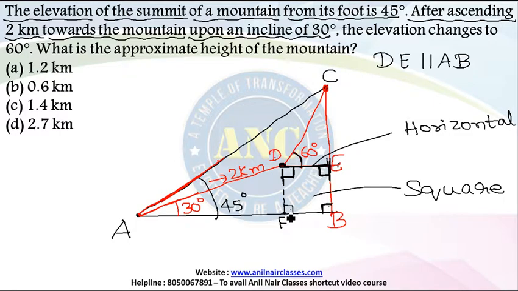Similarly, this is the level ground AB, and with that level ground, this is the vertical line. This is perpendicular. If three angles are 90 degrees in a quadrilateral, the fourth angle should also be 90. Angle B is 90, so DEBF is a square, right? DEBF is a square. I hope these points are very, very clear before we start solving the actual question.